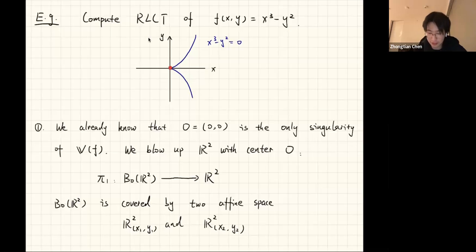Now to compute this RLCT, first we know the origin is a singularity, and we blow up R2 with center being this origin, right? Then we obtain this map, this pi1, and we did this before. Then this blow up space is covered by 2 affine spaces.